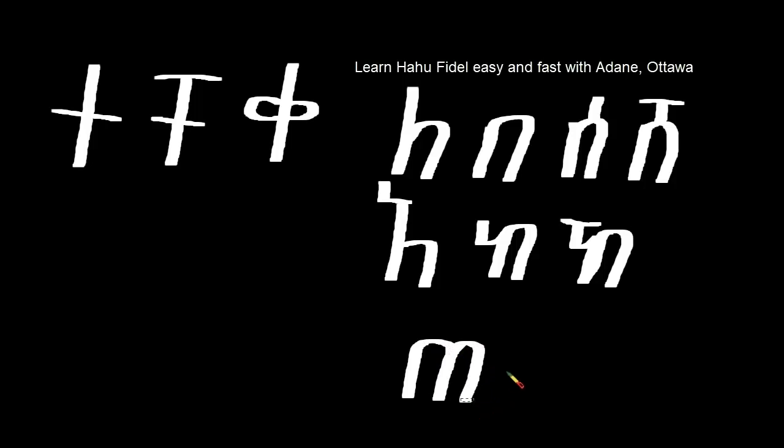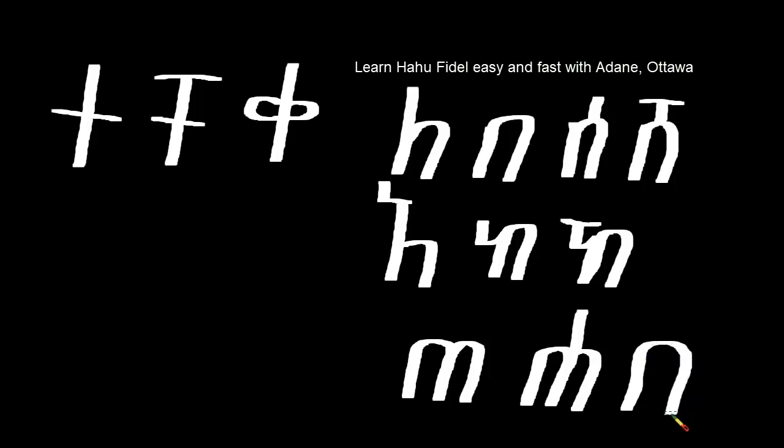And you know that from ta we can write ha. You write ta first, and then you write ha. And from ta, there is another one, cha. First, you write ta, like this. Ta, and then you change it to cha.